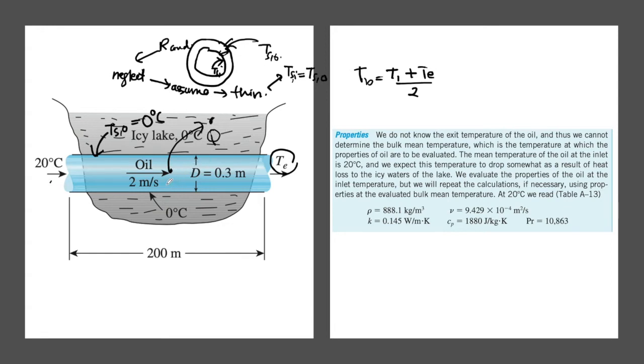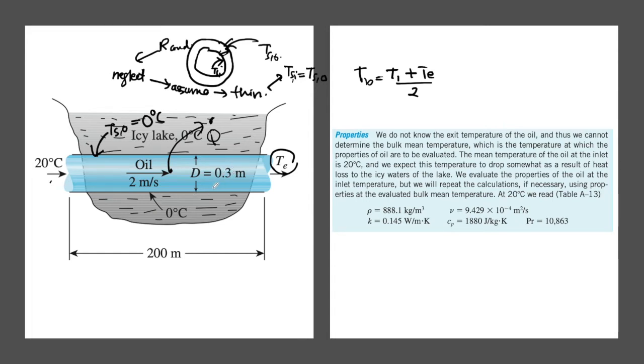So when the heat is transferred to the ice lake, the oil will lose energy, and that loss of energy is equivalent to Q dot. And when there is loss of energy, the exit temperature will be less than the inlet temperature. It cannot be greater than the inlet temperature. If T exit were greater than T inlet, an amount of heat would be added to the system.